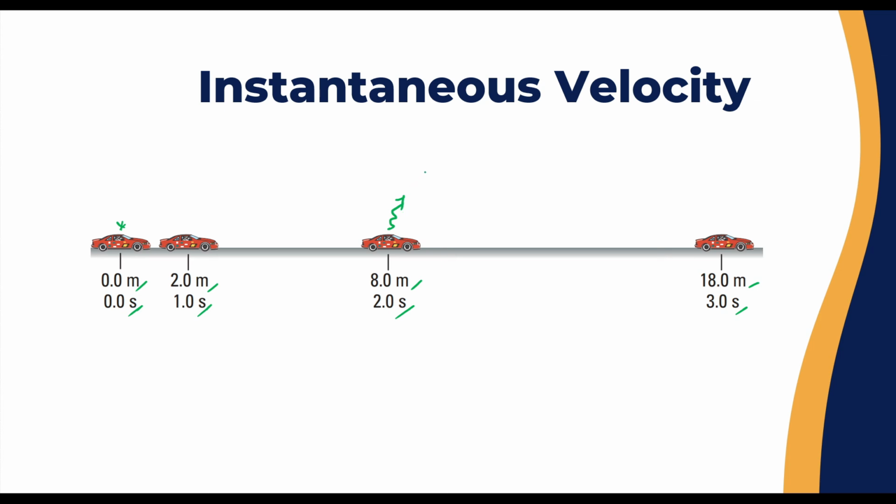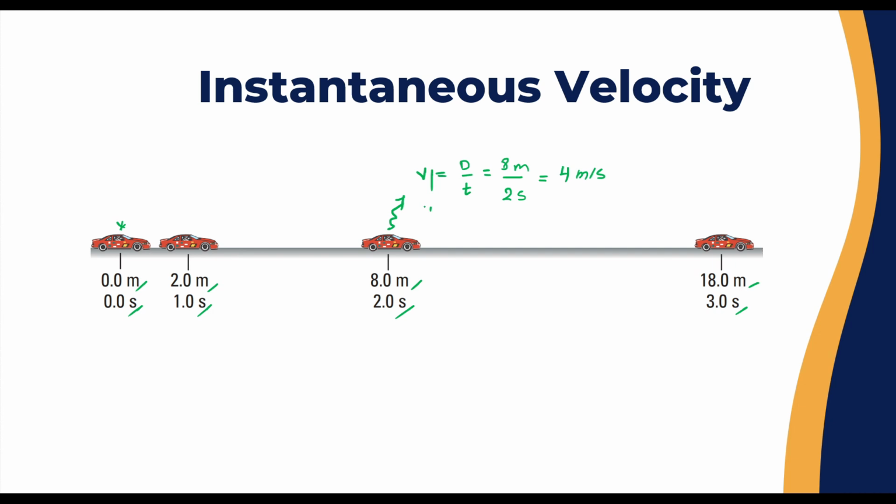In this case, I can say the instantaneous velocity equals distance over time. As simple as that. What's the distance here? 8 meters over the time, 2 seconds. That would be 8 over 2, which is 4 meters per second.